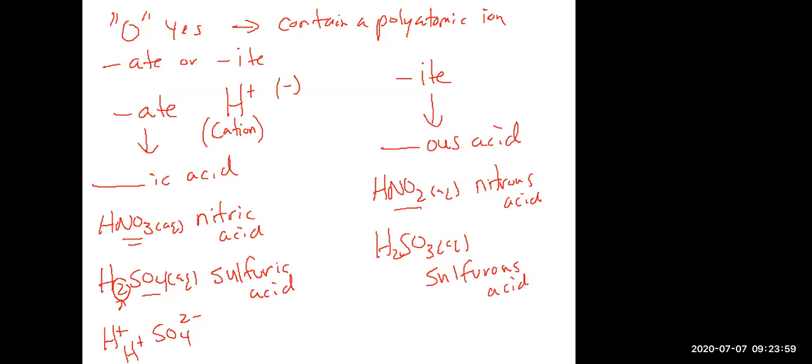So if it has oxygen, it will probably have one of those polyatomic ions. And if it does have those polyatomic ions, if it ends in ate, it's -ic acid. If it ends in ite, it's -ous acid. You can see on none of these with oxygen is there a hydro. So hydro is only for ones with no oxygen.